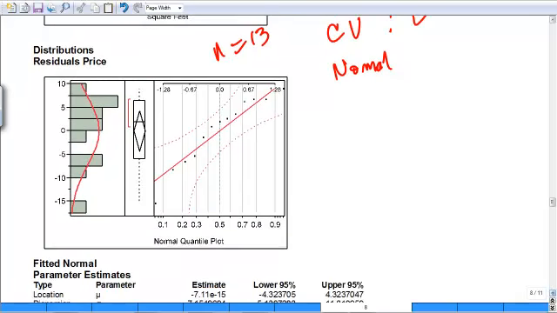Last thing we want to check, the distribution. Is it normal? Now we're taking a look at our histogram, and our histogram does a little bit better job of following that normal curve. We take a look at the normal quantile plot. Notice that these points are a little bit better distributed along that diagonal. So looking at this graphically, again considering sample of 13, not bad.